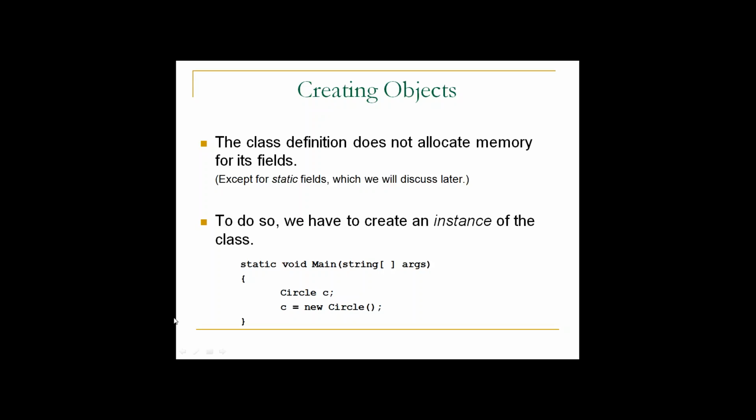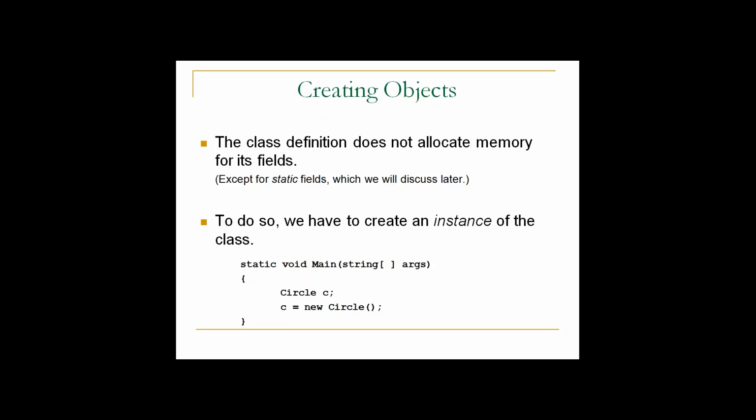Now that is about members of your class. Okay. And how to create an object of your class. Okay. You will use a statement called Circle c and c equal to new Circle. So here we have written it in two different lines, but usually what you would do, Circle c equal to new Circle. Fine. That is the statement which would be used for creating an object of Circle type.